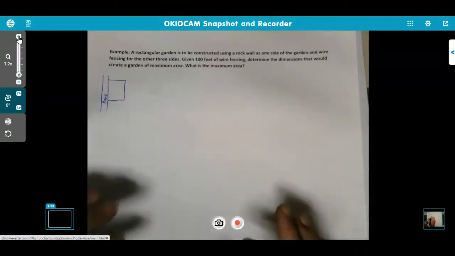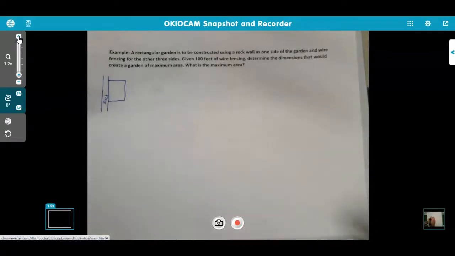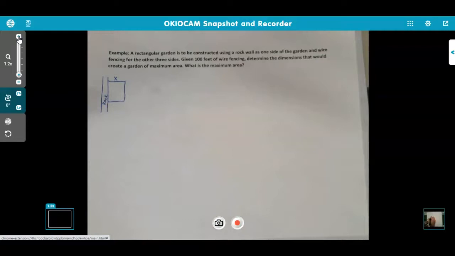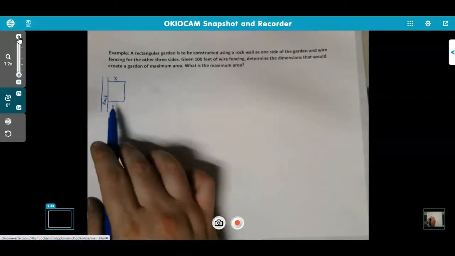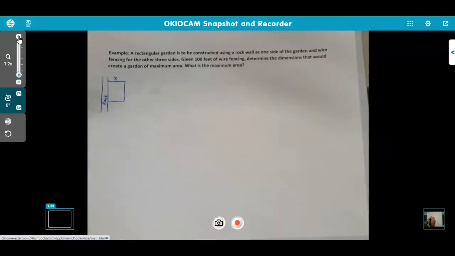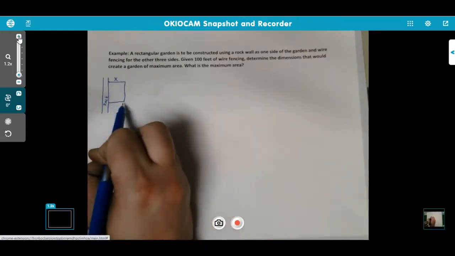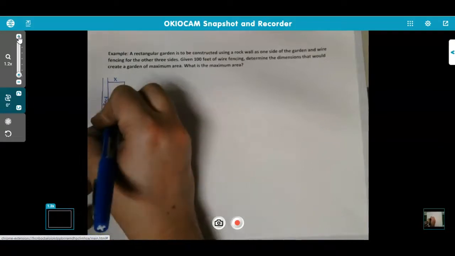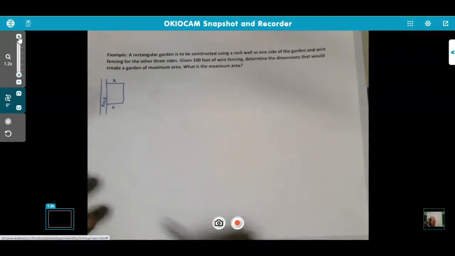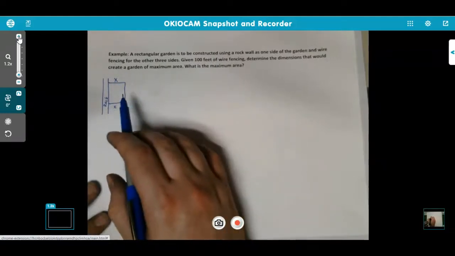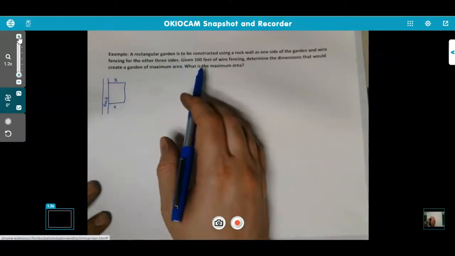So what I'm going to do is let one of these sides be x. And I want to see if I can write every other side in terms of that x. Well, this side on top and this side right here are the same, so this one would also be x. Since the total is 100 feet, all three sides have to add up to 100.